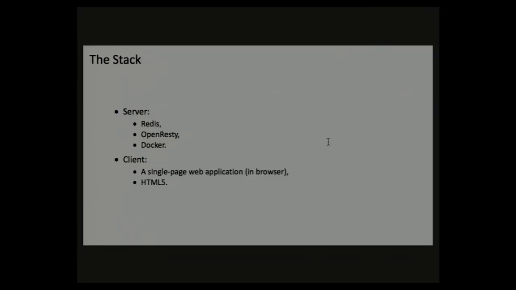You can choose, of course, something else, but I'm talking about what we did. It's Redis as the database, OpenResty as a web server and application server, Docker to hold it all together, and that's for the server. For the client, that's a single-page web application in the browser with an HTML5 implementation of the client code.